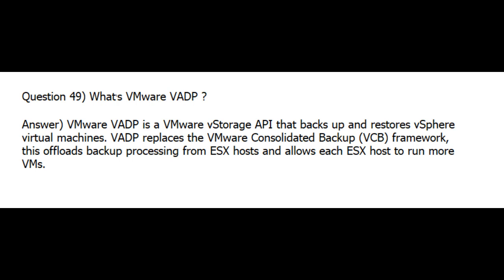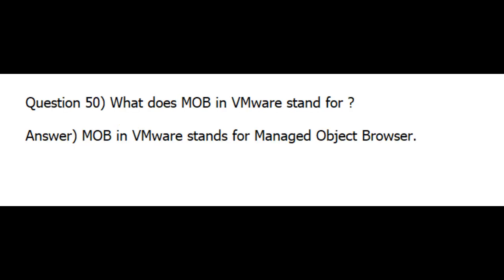VADP replaces the VMware Consolidated Backup, VCB, framework. This offloads backup processing from ESX hosts and allows each ESX host to run more VMs. Question 50. What does MOB in VMware stand for? Answer. MOB in VMware stands for Managed Object Browser.